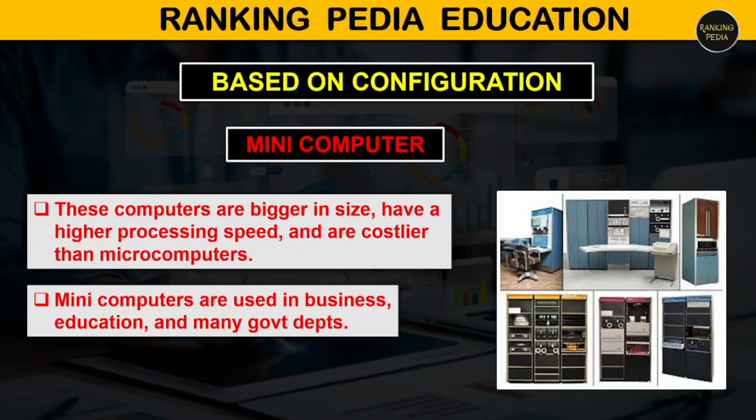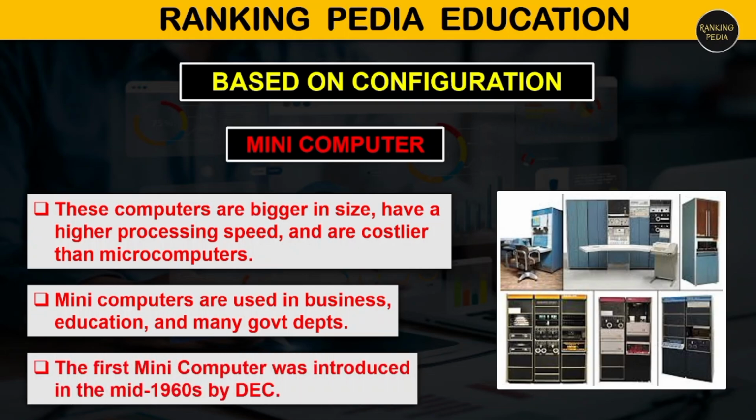Minicomputers are used for business purposes, in the education sector, and in many government departments. The first minicomputer was introduced in the mid 1960s by DEC, that is Digital Equipment Corporation.